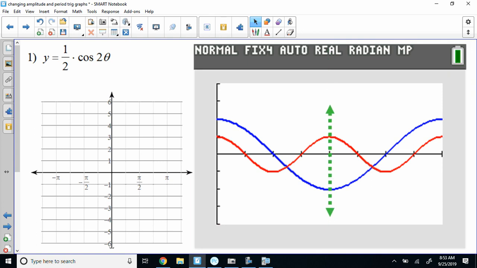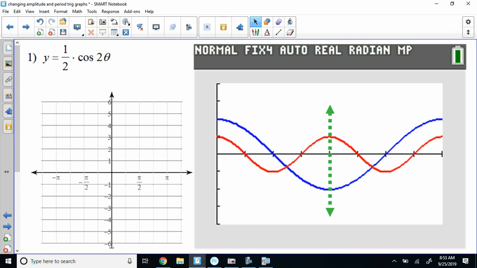You see its period right there? It stopped right there at pi, right? So what's half of the distance of pi? What's half of pi, guys? Pi over 2. Good.